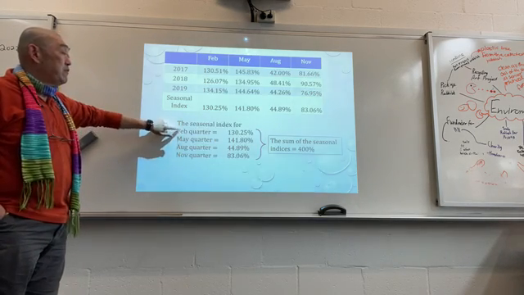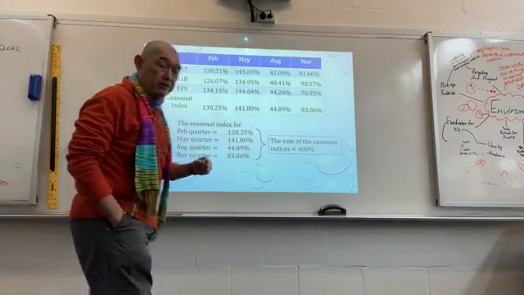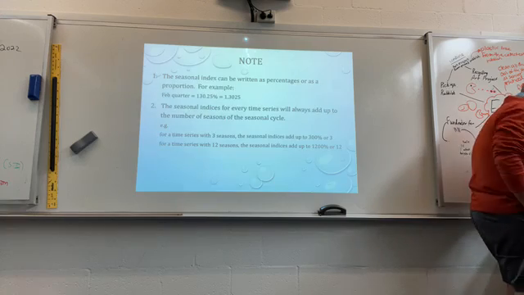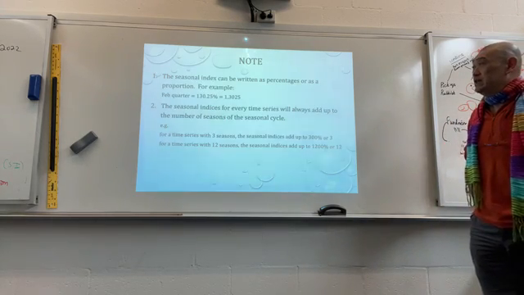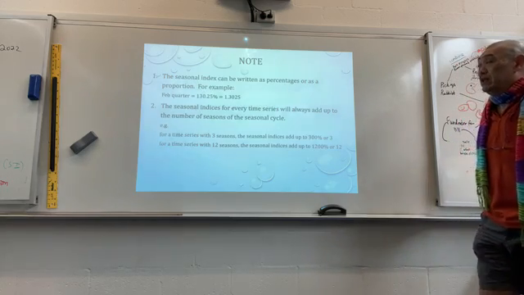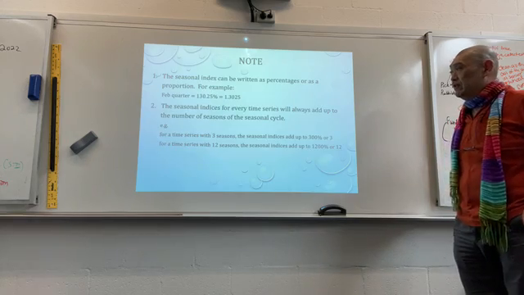The sum of the seasonal indices is 400%, or in decimal is 4.0 or 4. Now, the seasonal index can be written as percentages or as a proportion or decimal. For example, February quarter will be 130.25% or 1.3025.